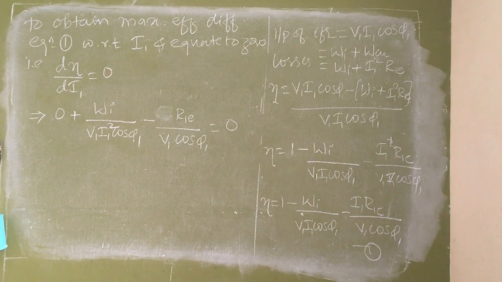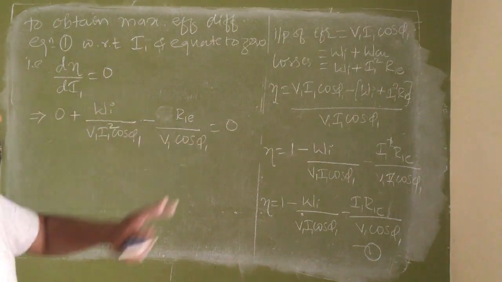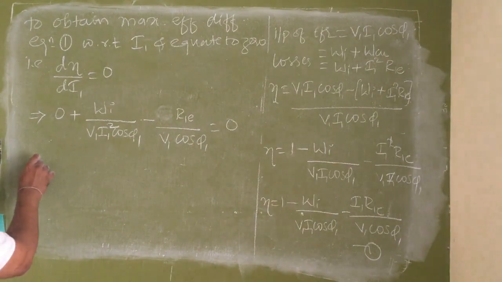Differentiation of I1 R1e with respect to I1 is R1e, since dI1 by dI1 is 1.